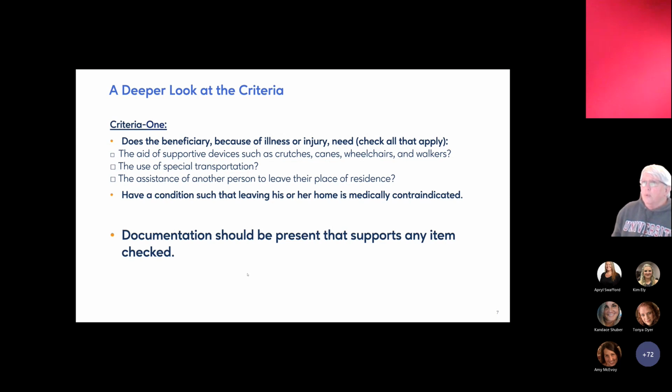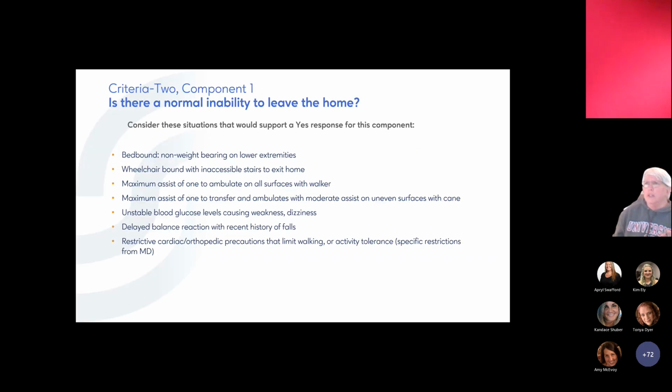So with criteria 1, again, documentation needs to be present that supports any of these items checked, whether they need assistive devices or special transport or a human to help them out, or do they have some type of medical contraindication. With criteria 2, these are just things to consider: if the patient's bedbound or wheelchair bound, the assistance, the different medication issues, the different diagnosis issues.